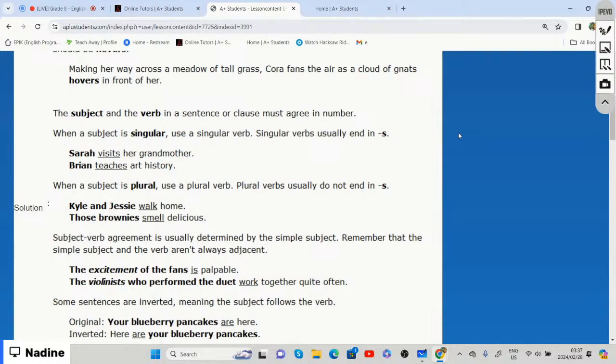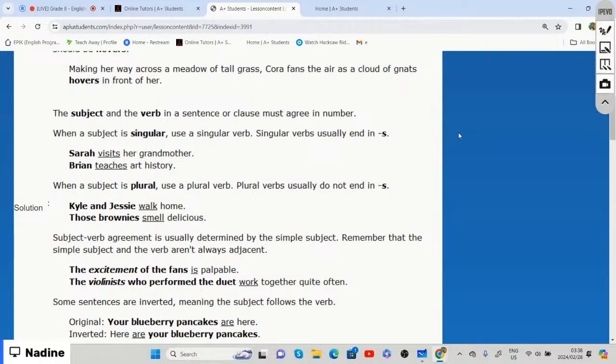Remember that the simple subject and the verb aren't always adjacent.